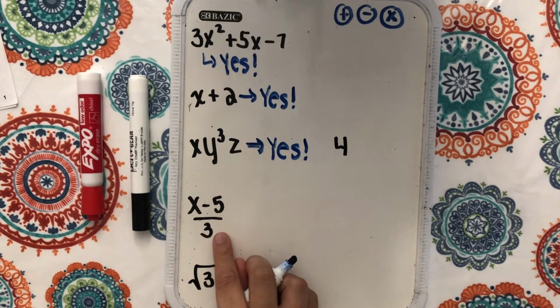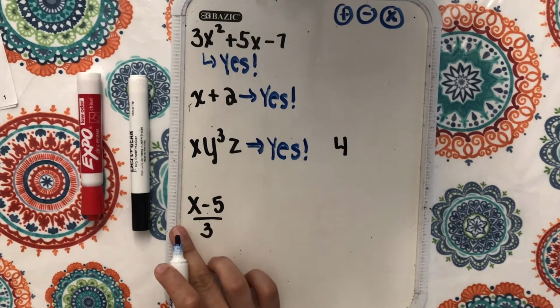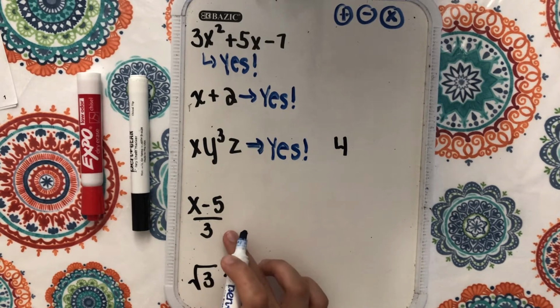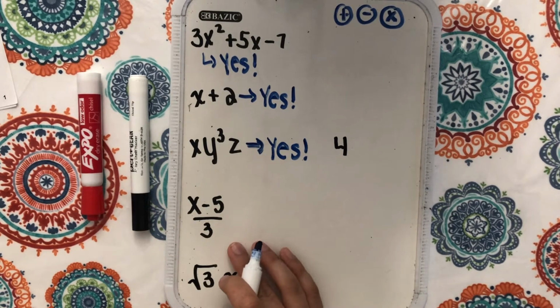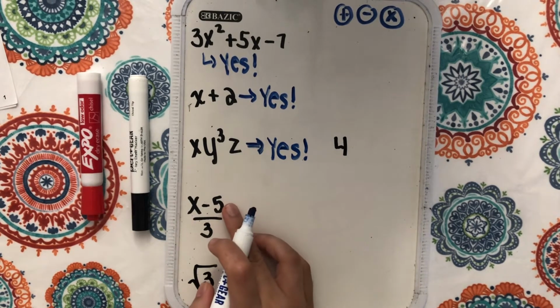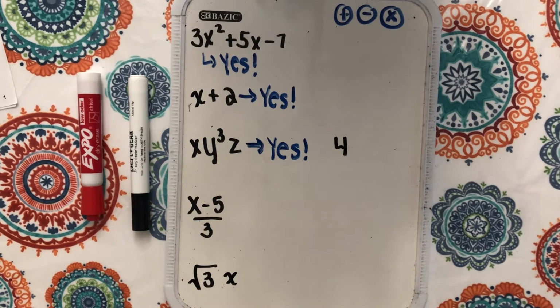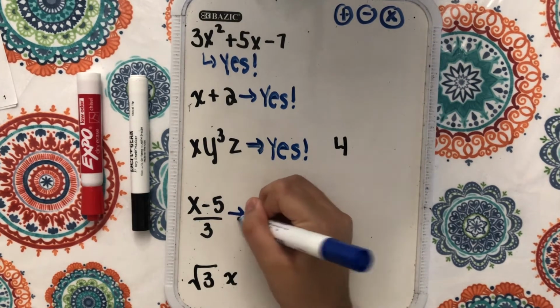Over here we have x minus 5, over 3. So we have 5 being subtracted from the variable, and that result is being divided by 3. Nothing else is happening to the variable. We're not dividing by a variable, we're simply subtracting, and therefore it is a polynomial.